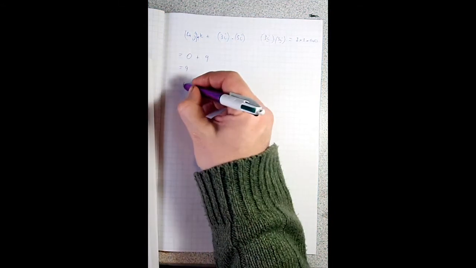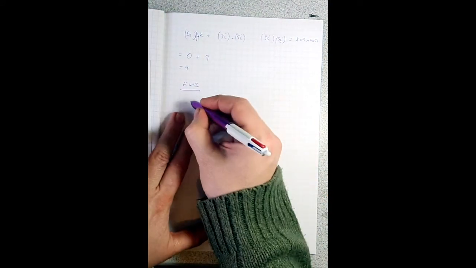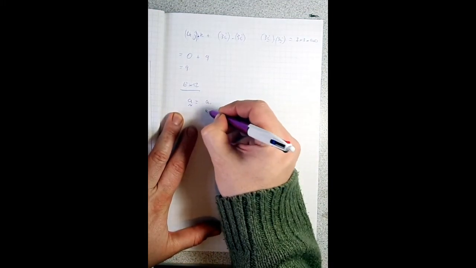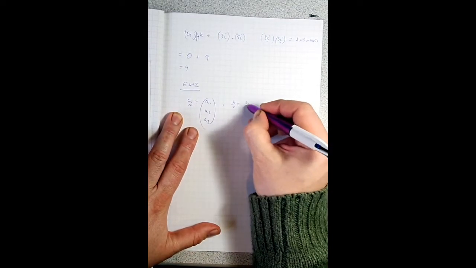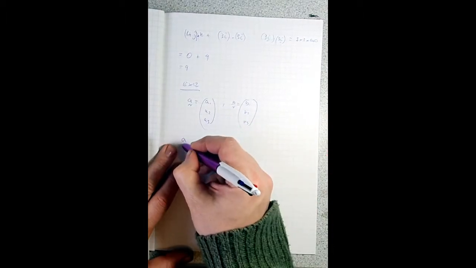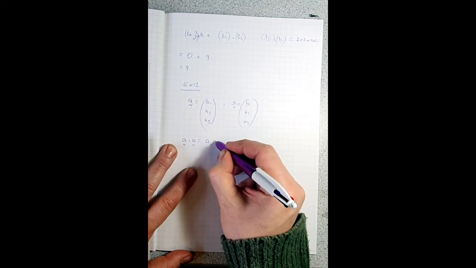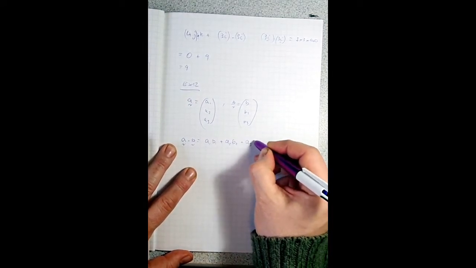Example 12, I'm not going to show, you can read yourself, but it does give us an alternative way of expressing the dot product. So A dot B is A1B1 plus A2B2 plus A3B3.